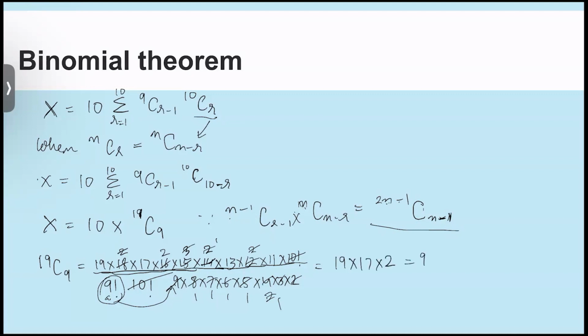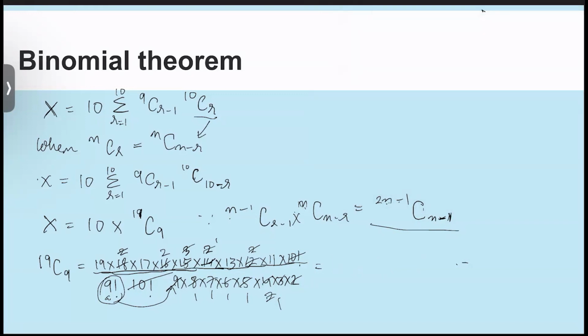Okay, there are a few steps that are there. So over here, what you're left with now is 19 into 17 into 2 into 13 into 11.